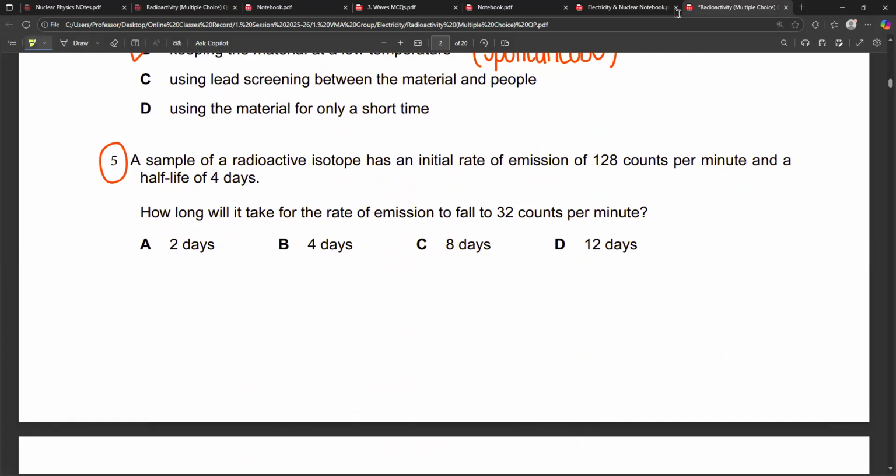Question number 4. A sample of a radioactive isotope has an initial rate of emission of 128 counts per minute and a half-life of 4 days. So how long will it take for the rate of emission to fall to 32 counts per minute? Okay. So now this is the initial value.